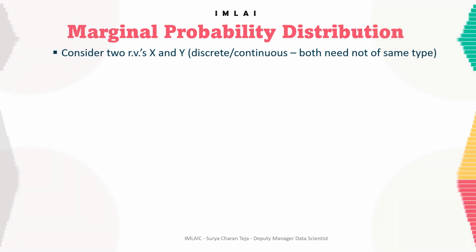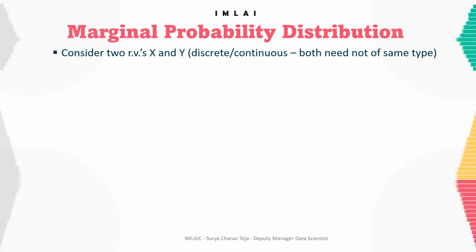In the context of computer vision and natural language processing (NLP), marginal probability distribution is used to compute the probability of a particular feature or a word occurring, regardless of the values of the other features or words.